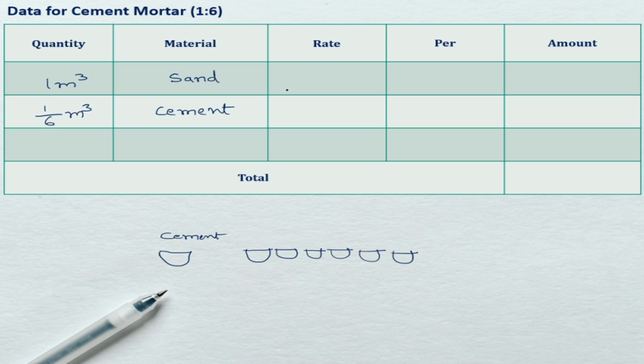Sand rate is 1189 rupees. Cement rate is 6,192 rupees. For 1 cubic meter, mixing charges are 90 rupees.